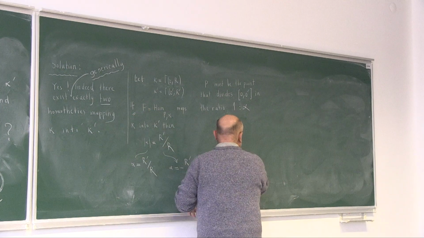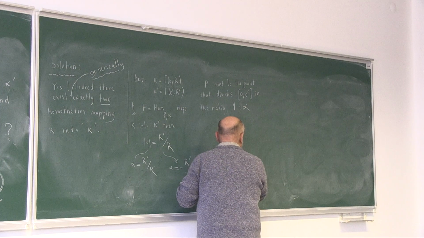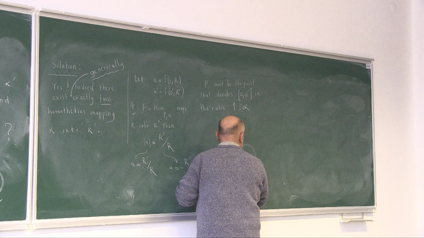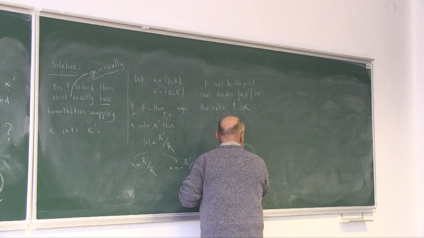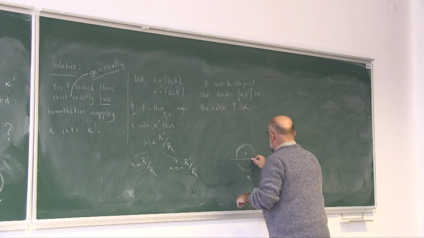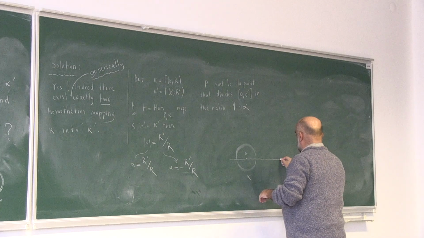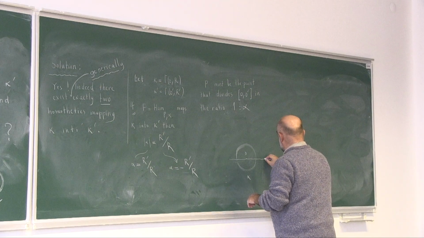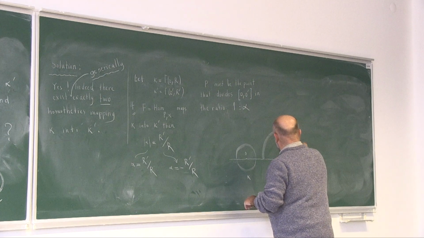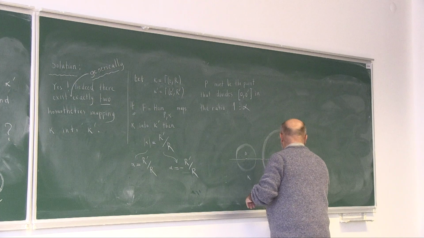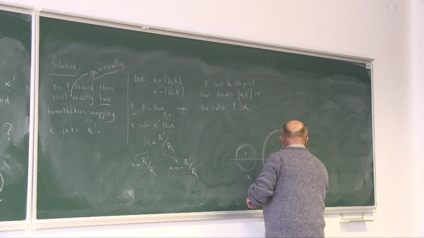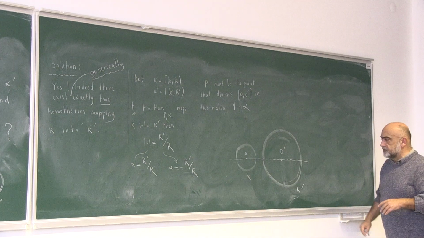So here we are. Here is my first circle, kappa, with center O and radius r. And the other is somewhere here. Let me exaggerate this a little bit. Here is my other circle, kappa prime.